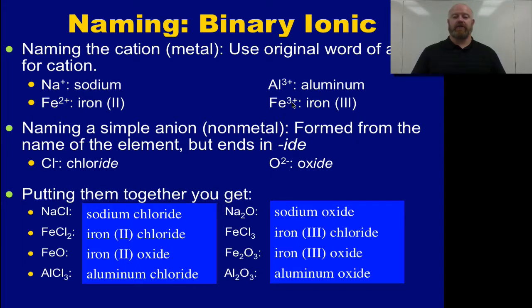The only metals that don't are group 1, group 2, aluminum, zinc, and silver. So really, most of the time, you're going to be putting these Roman numerals in. If you happen to have a group 1 metal, like sodium, or aluminum that only has one possible charge, you just omit the Roman numeral. So what I would do is start off by assuming you'll use a Roman numeral, and then if you don't need it, just get rid of it.